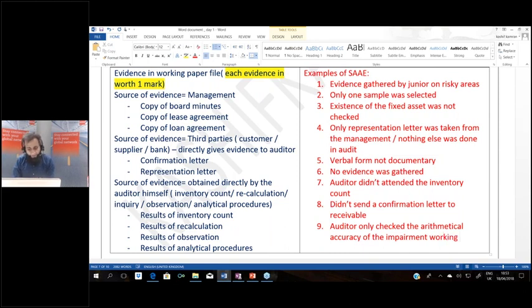Can I only check the arithmetical accuracy of the impairment working, or should I do something more on it? Should I see how the management has determined the recoverable amount, or the value in use? Should I see what assumptions have been taken by the management, or should I only check the arithmetical accuracy and say, okay, this is enough?